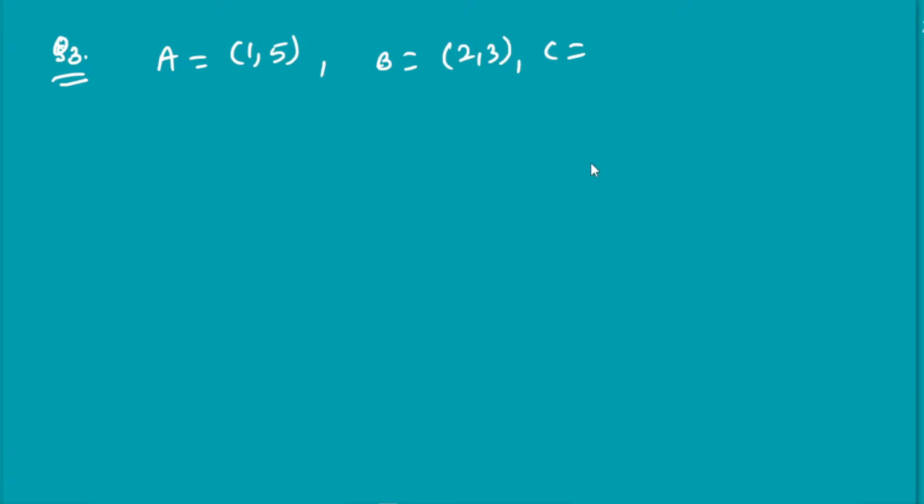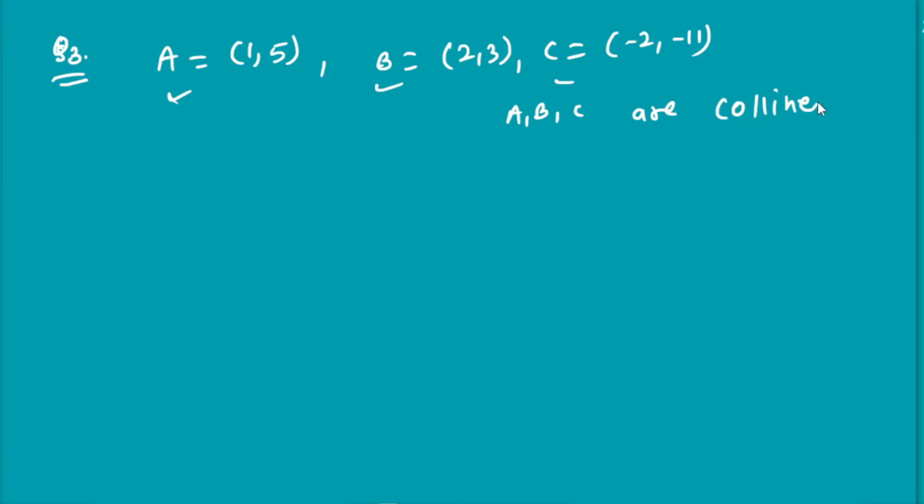This C is minus 2, minus 11. Understood? We have to prove that A, B, C are collinear.